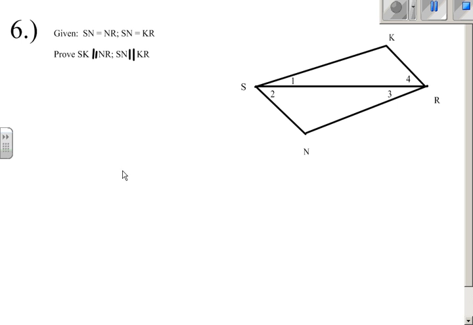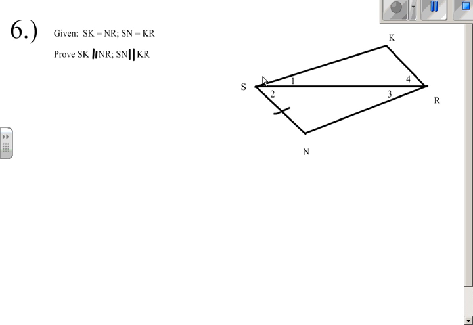Number 6, we have the converse of that, saying that if SN equals NR, oh, that's not right, hold on. Right, sorry about that, there was a little typo there.